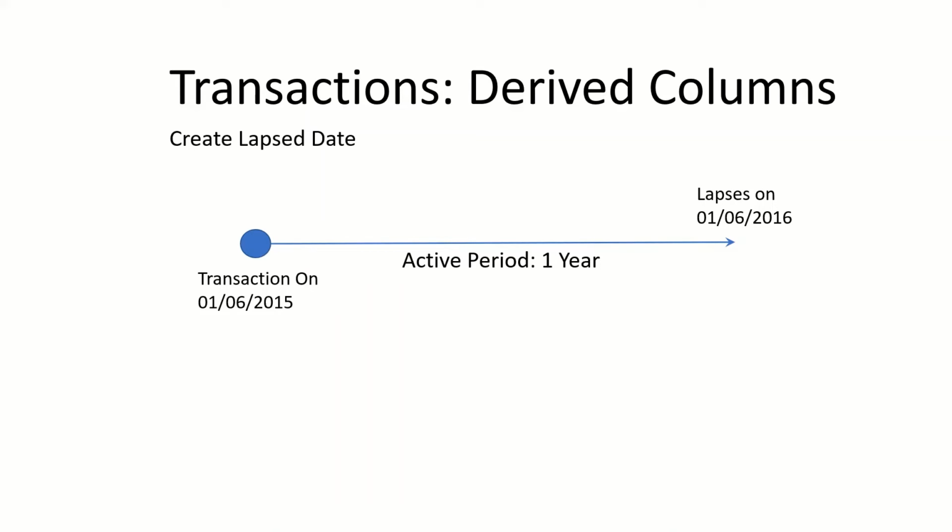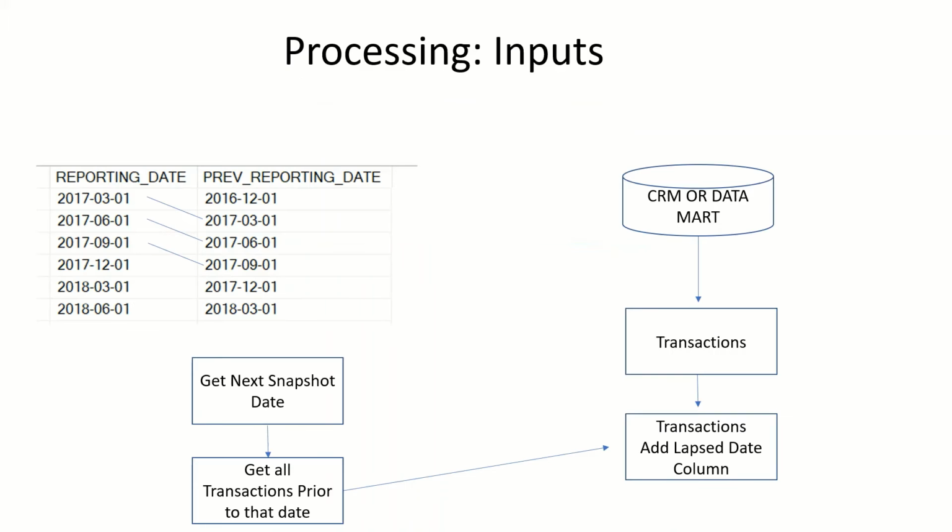Looking from left to right here, for a given transaction, the 1st of June 2015, we would project that date forward by 1 year, if 1 year is how you define your active period, to give us a lapse date of 1 year later, the 1st of June 2016. And just to be clear, the lapse date is the date from which the supporter is no longer active.